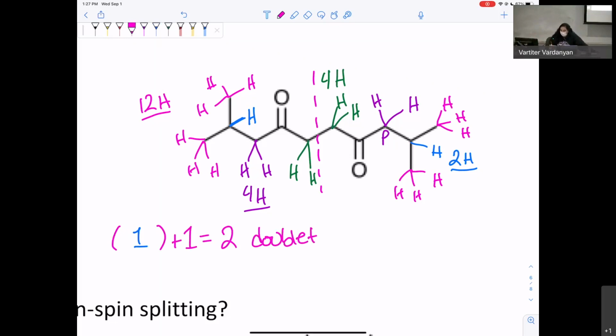Super duper. All right, so the blue one has how many neighbors? 6, why isn't it 12? Okay, so let's say we're talking about this hydrogen, right? This hydrogen is exactly the same as this hydrogen, correct? So we're only going to count one side.